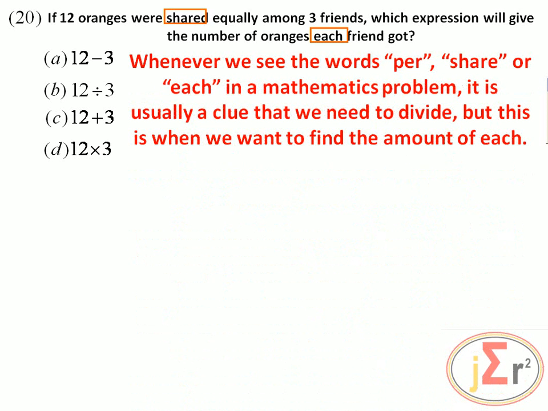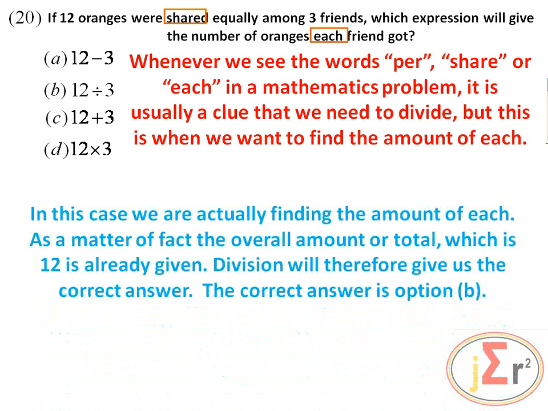Whenever we see the word per, share, or each in a mathematics problem, it is usually a clue that we need to divide. But this is when we want to find the amount of each. So when we are finding the amount of each, what do we do? Multiply. Divide. We divide. When we want to find the amount of each, we divide.